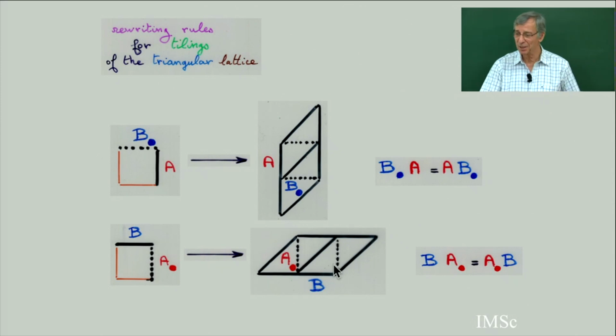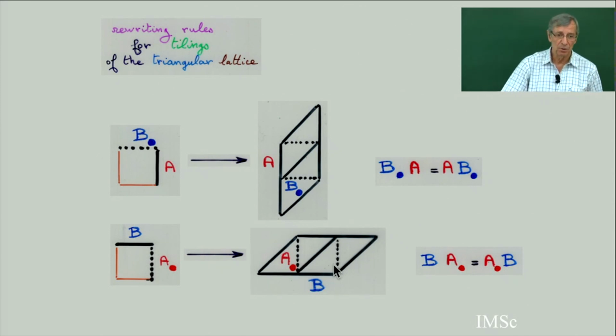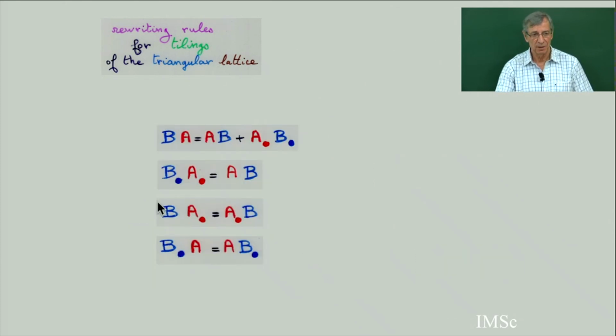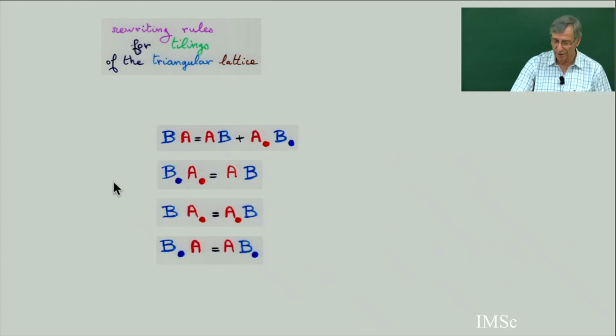So this is the quadratic algebra related to tiling of the triangular lattice, written as tiling of the square lattice. And this is the quadratic equation for the triangular lattice.